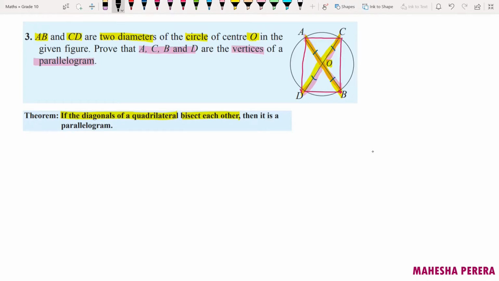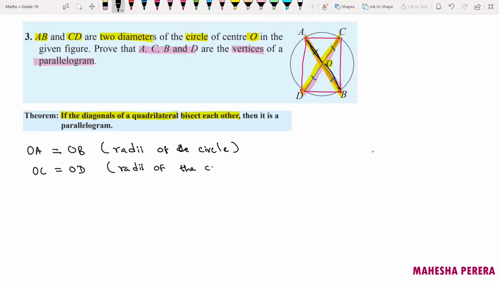Let's write OA, right? This length, equals OB. So why? Radii of the circle, right? And then you can say OC equals OD. Again, radii of the circle, right?